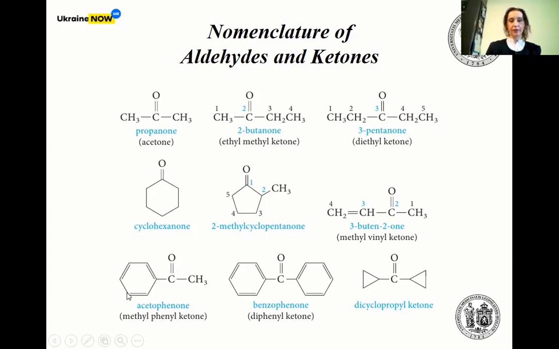So it will be 1-phenylpropanone-2. Or another variant of how we can give the name: we divide this molecule into two parts. This is one part, another part, and it will be a methyl group, this is a phenyl group, and we add the word ketone: methyl phenyl ketone, or acetophenone, it is a trivial name. Benzophenone is a trivial name.